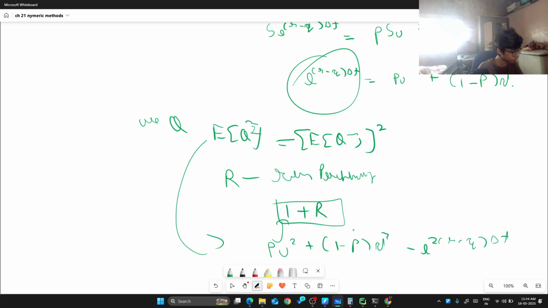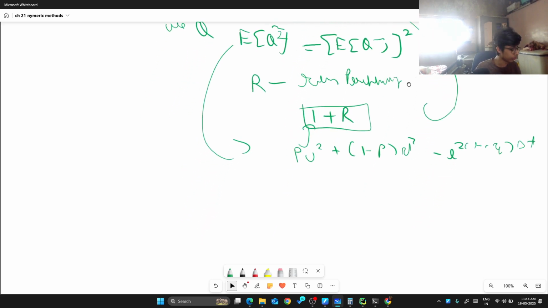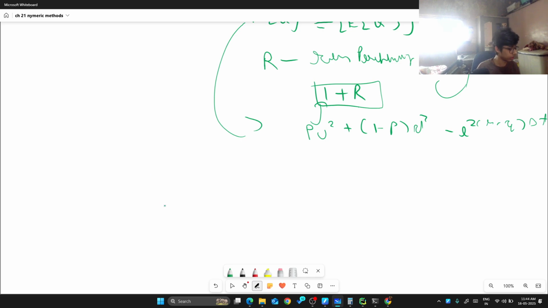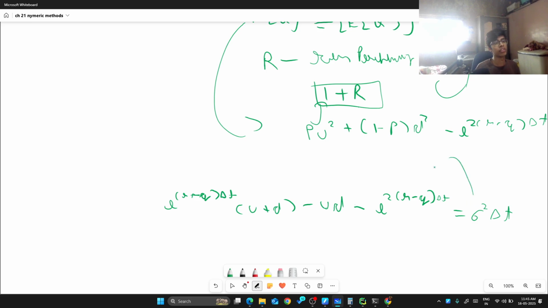Okay, and we hence solve it more and put the values in, then the final equation we have here is e to the power (r minus q) delta t times (u plus d) minus u d minus e to the power 2(r minus q) delta t equals sigma square delta t, that is the variance.